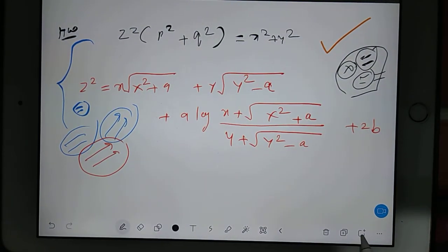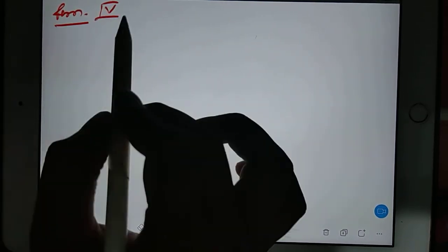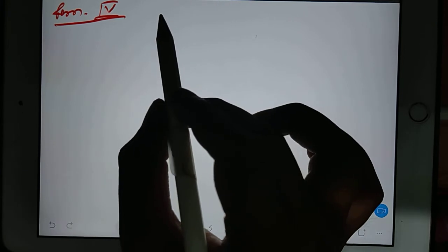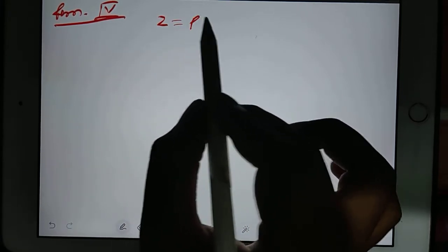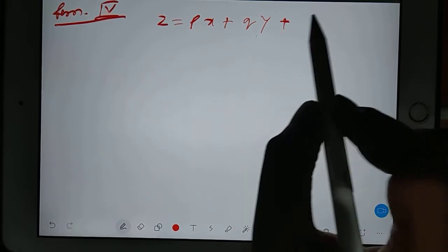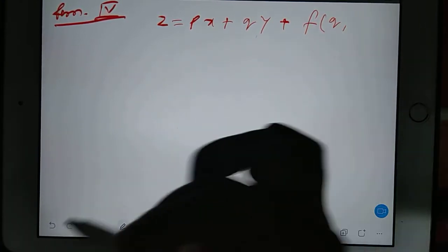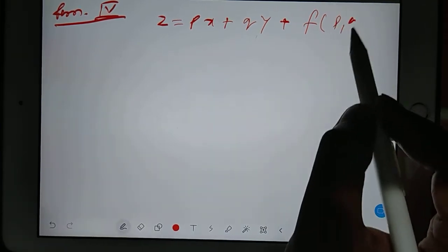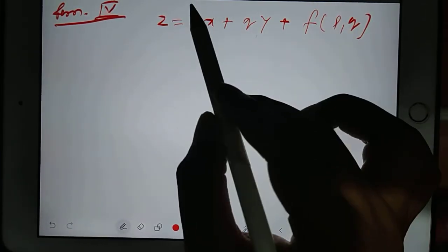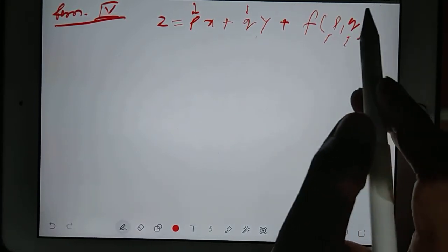Okay, I'll change the page. Take down. Now in this form fourth, this kind of format will come. z is equal to px plus qy plus function of p and q together. Small p, small q, small p, small q.